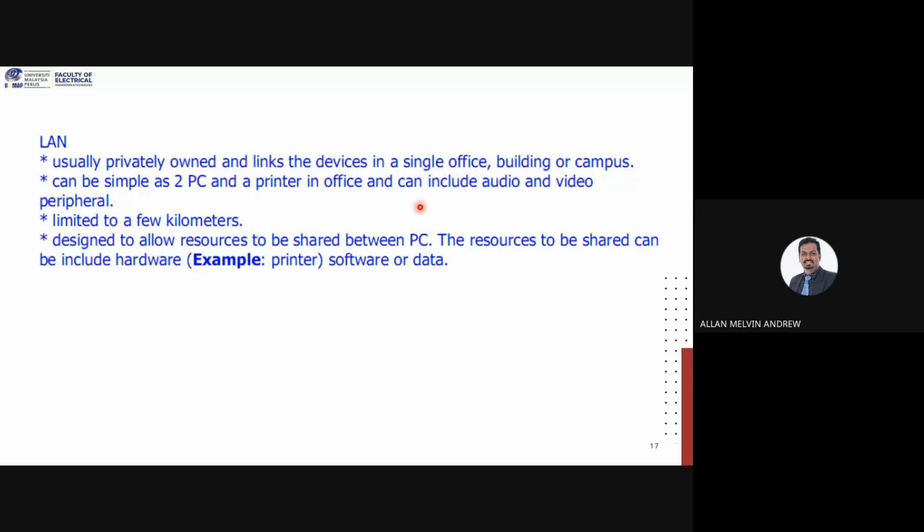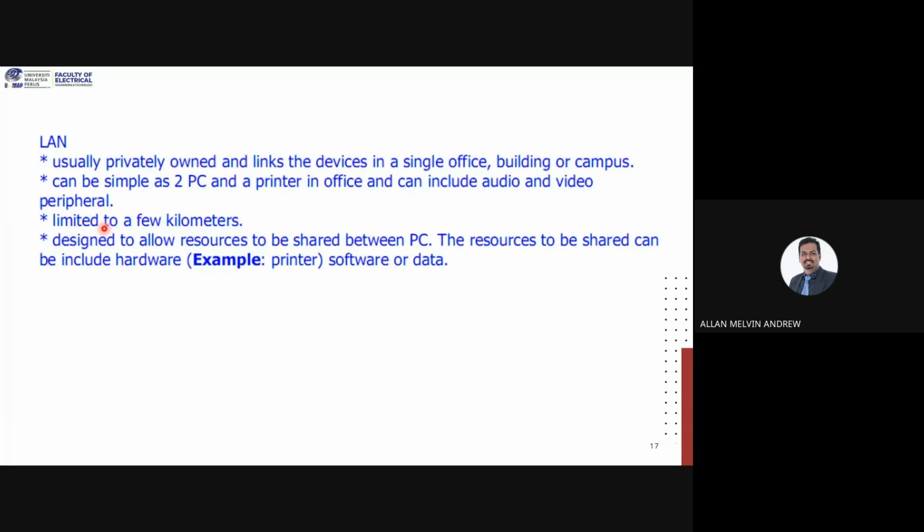So this link of devices can be as simple as two PCs and one printer in an office, and can include audio and video. Okay, so it is limited to a few kilometers. So normally we won't serve a LAN over a very far distance.